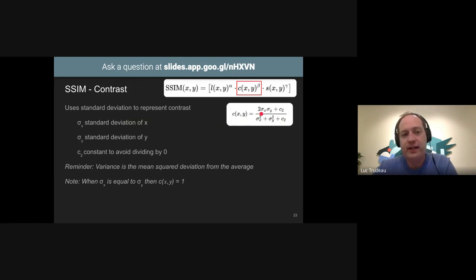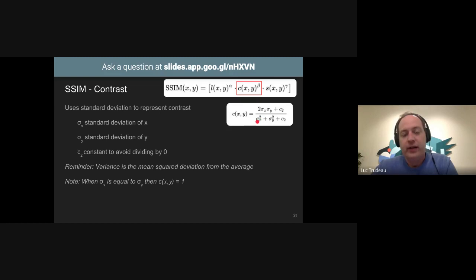And then we see the same pattern here of 2 multiplying two things, with something squared plus something squared here. So it does exactly the same thing as before. If the standard deviations are the same, then we're going to have 1. And if they are different, then we're going to go away from 1 towards 0. And that's how we understand contrast.